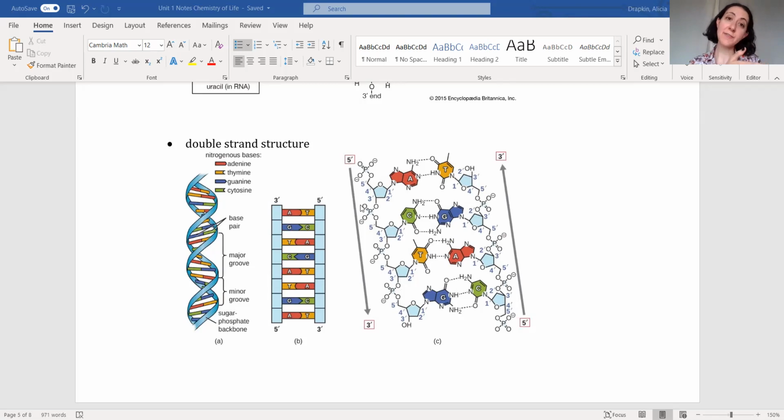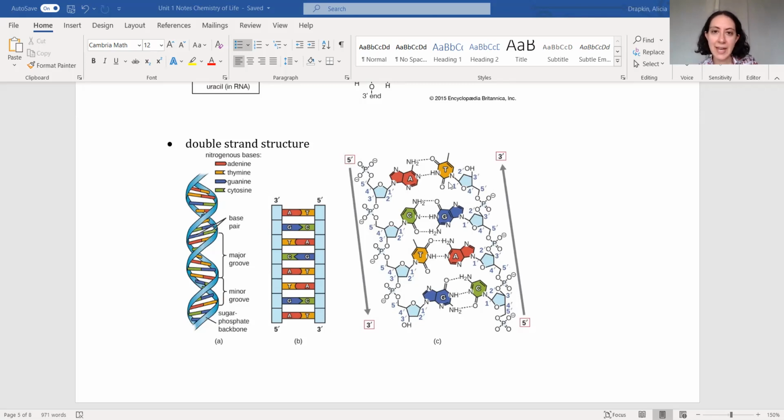And it involves a phosphorus, so it's a phosphodiester bond. It's a whole thing, just in case you're curious. So that's what keeps this phosphate-sugar backbone together, because it's got phosphate, sugar, phosphate, sugar, phosphate, sugar. So this is the backbone. It's the same on both sides.